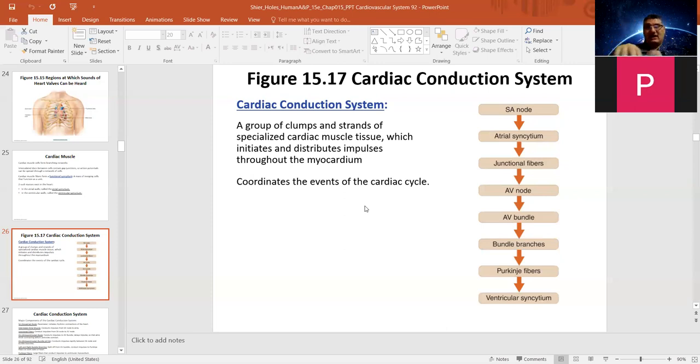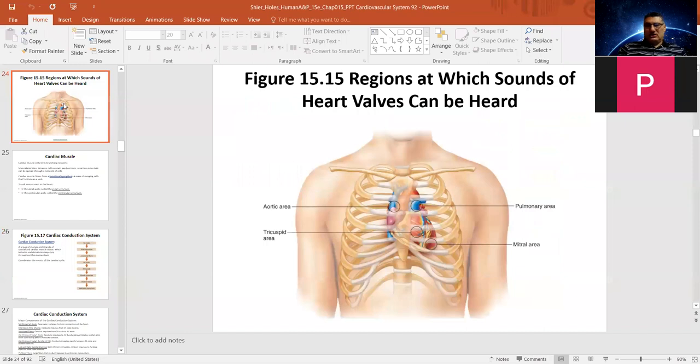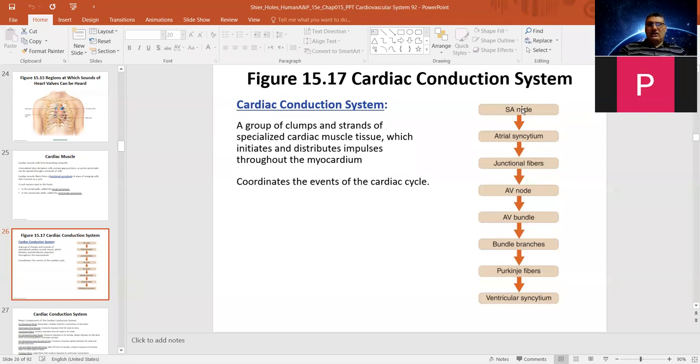But there is an inside structure, which is called the conduction system. By the way, you can see these pictures in your exam and in your lab. Any picture that I explain, you can see it in the lab or in the exam. So here you have the SA node. This is the very first one, like your battery.